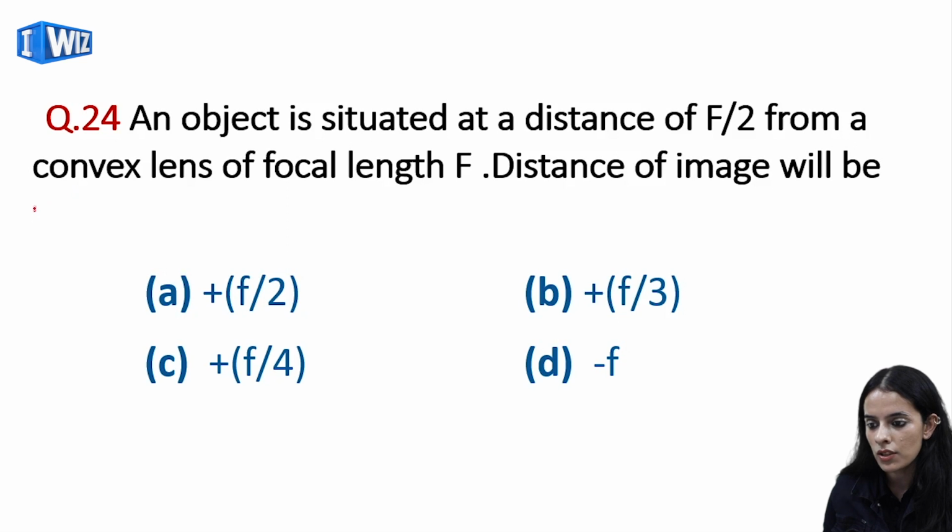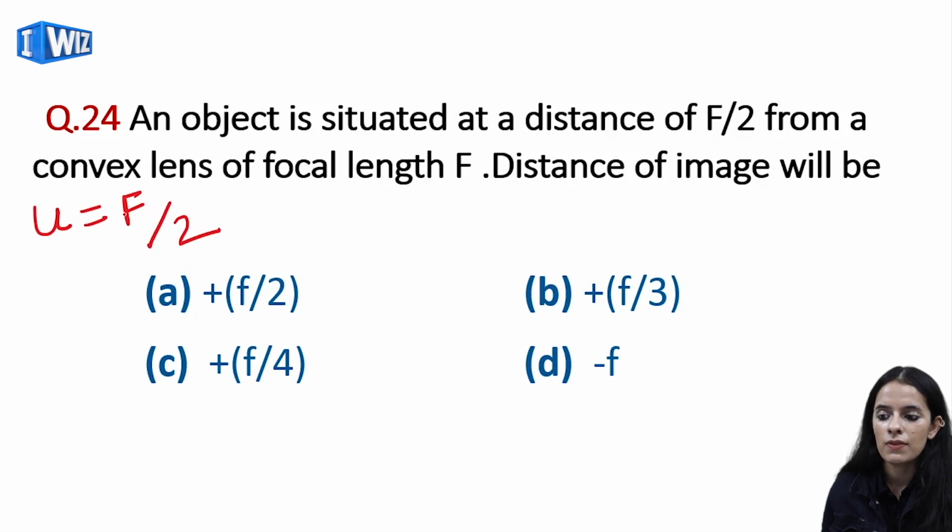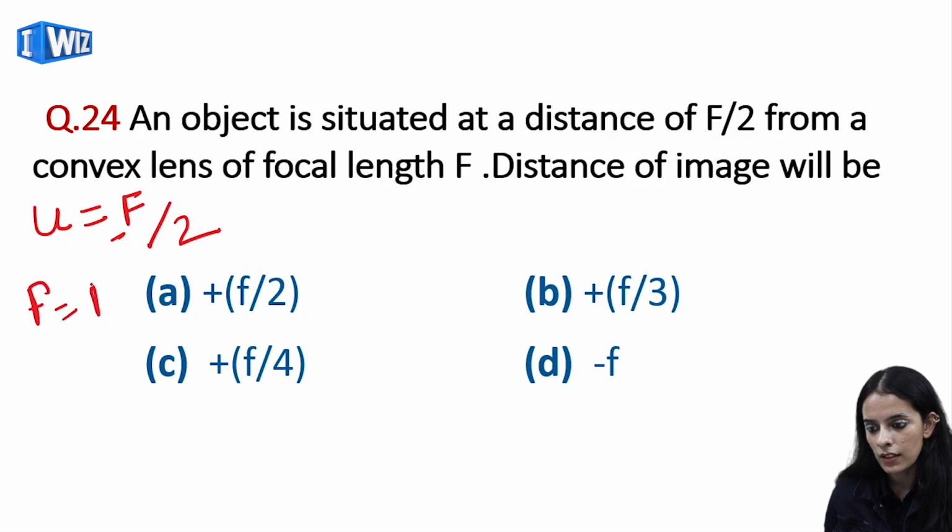Object distance is how much? u is f over 2, and in case of a lens you have to take it negative, and focal length is how much? It is capital F. So you have to find the distance of the image.